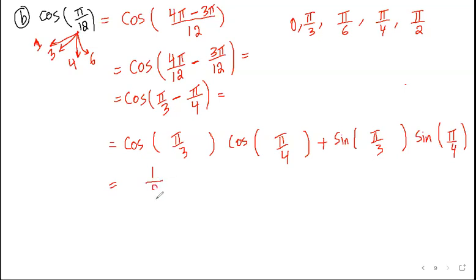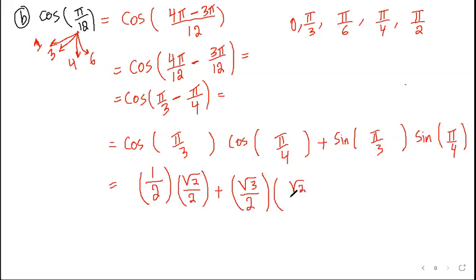So it's 1/2. What is the cosine of pi over 4? It's easy, square root of 2 over 2. What is the sine of pi over 3? Square root of 3 over 2. Sure, right, Martin? And what is the sine of pi over 4? Square root of 2 over 2.